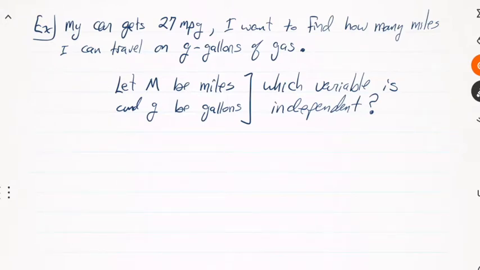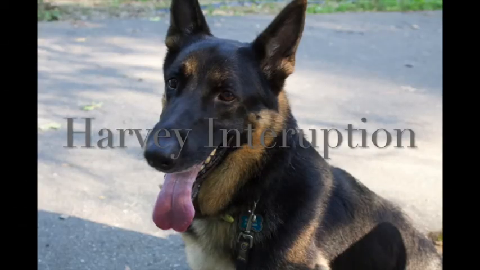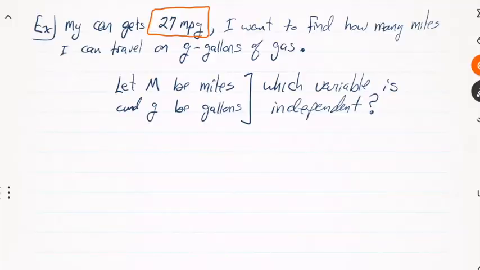So when you're reading the information, you have the 27 miles per gallon. That's awesome. But the problem really is here. I want to find how many miles. So if you're looking for how many miles, that becomes your dependent because you're looking for it.